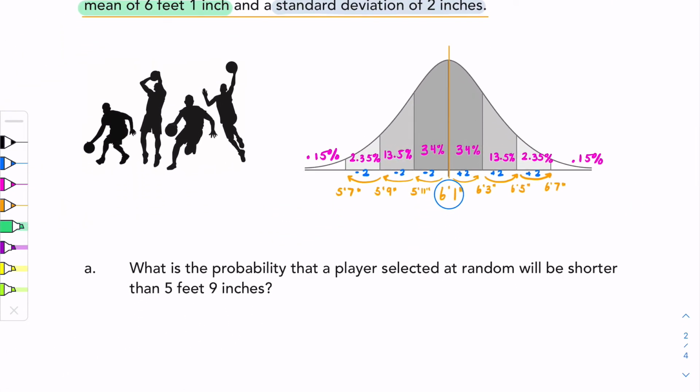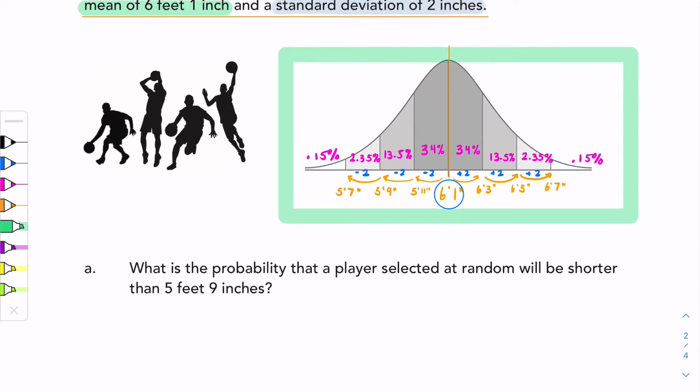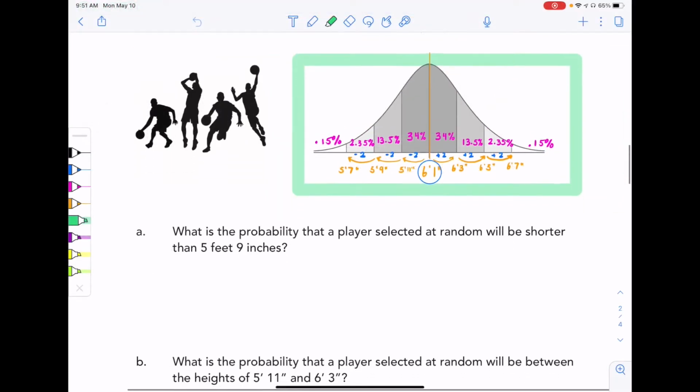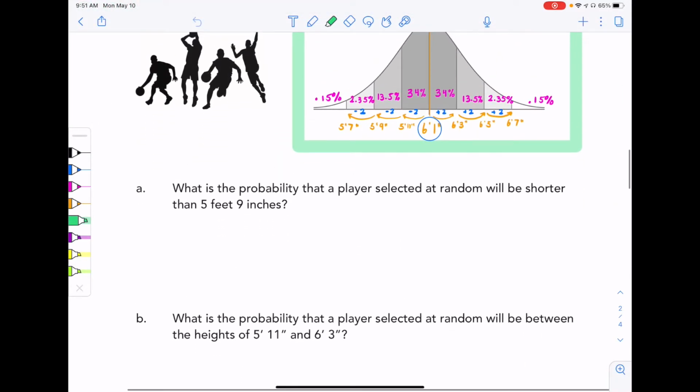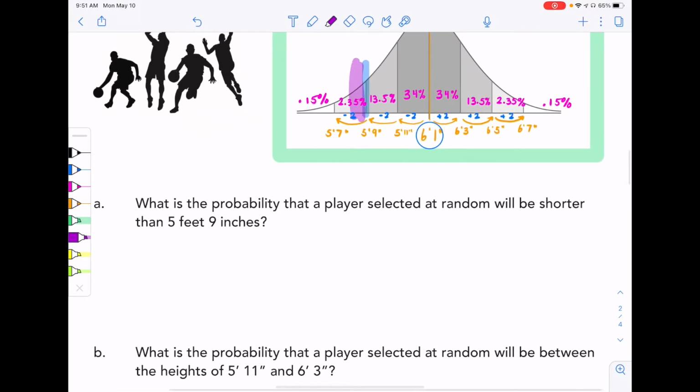So now we are going to use this normal curve to answer all of the questions. Part A says, what is the probability that a player selected at random will be shorter than 5 feet 9 inches? So I'm going to use my highlighter. We're going to indicate where 5 feet 9 inches is, and that falls right here. So that's 2 standard deviations out from the mean. And we want to know the probability of being 5 foot 9 inches or shorter.